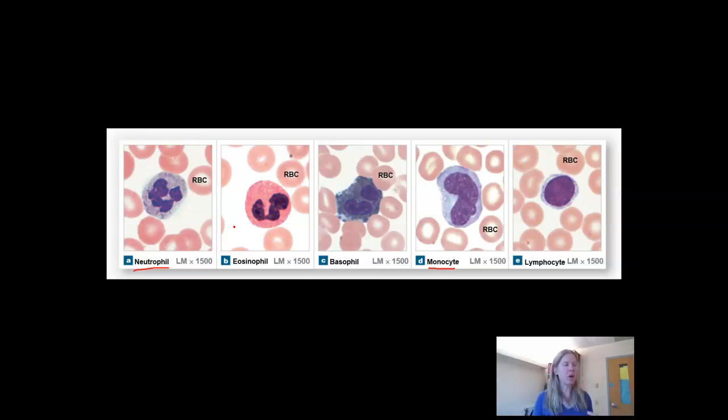Eosinophils, I mentioned, are more important in things like parasites. They're very rare. They're actually only like 2 to 4% of the white blood cells. And they stain this really bright orange. So they have granules inside of the cell. You can actually see granules in these 3 cells, the little dots. These stain kind of this reddish orange, and they have this pretty obvious, they call it a bilobed nucleus.